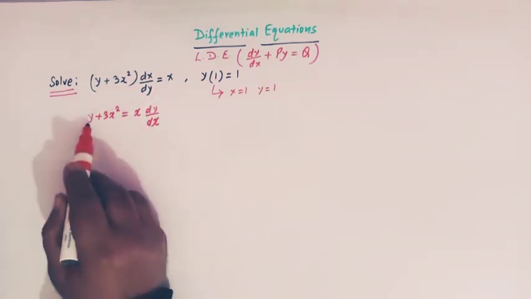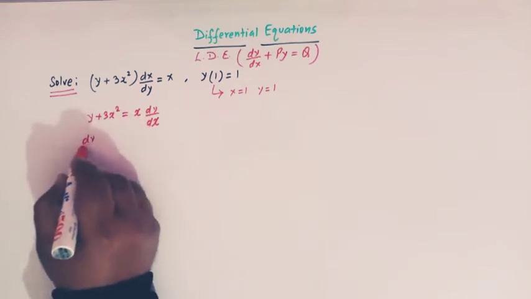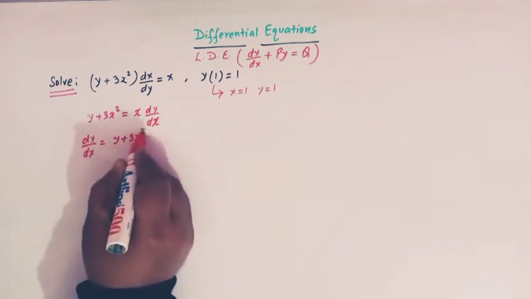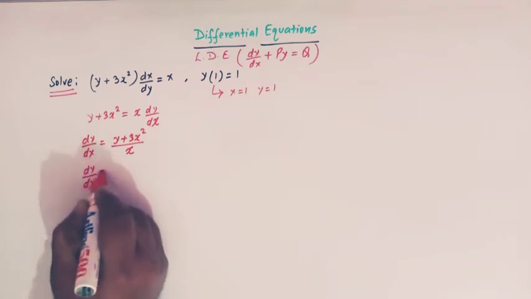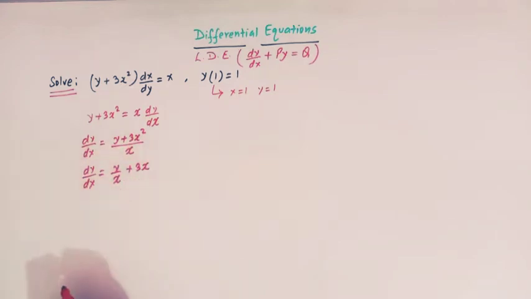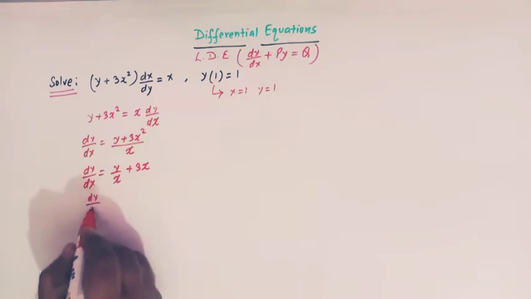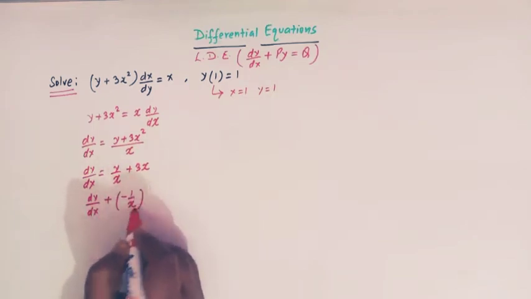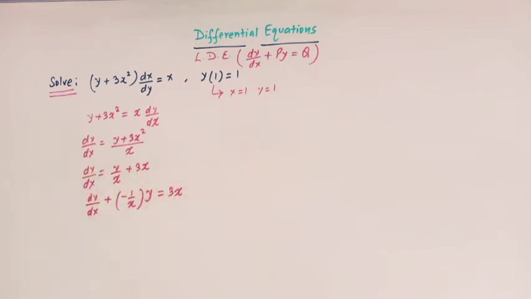Now if we divide both sides by x, we have dy over dx is equal to y plus 3x square over x, and this can be written as y over x plus 3x. Now if we take this term to this side, we have dy over dx plus minus 1 over x times y is equal to 3x.